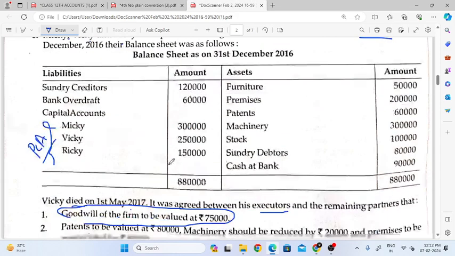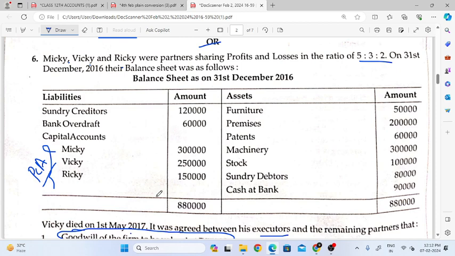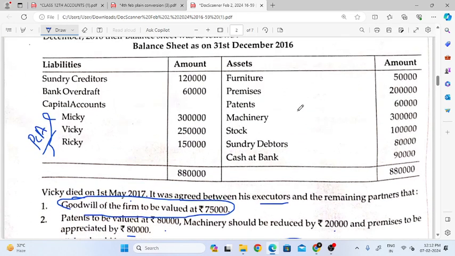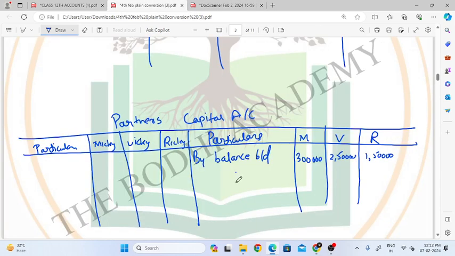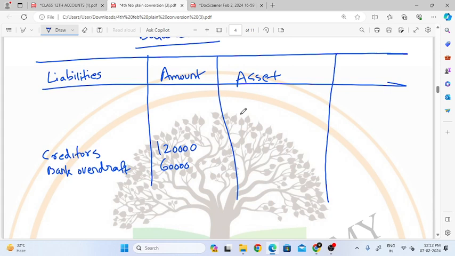Then we have to see, coming to the furniture side. Furniture, is there any adjustment they have given? No adjustment. So the furniture amount we are going to take directly as 50,000 in assets.